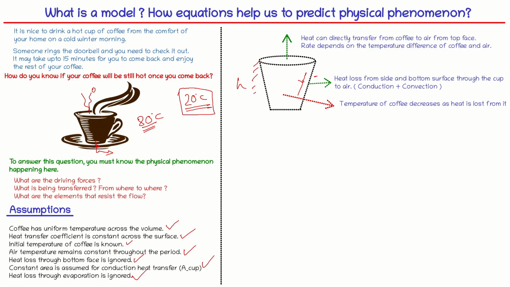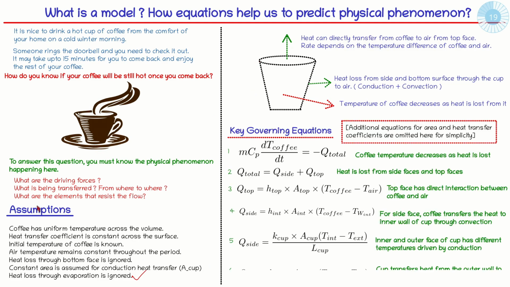So with these assumptions, we have come up with our governing principles, which can be modeled as a set of 6 governing equations. The first one is a differential equation where we have a derivative of T coffee, the temperature of the coffee, with respect to time. And it says that the rate of change of coffee temperature is proportional to the heat energy lost from it.